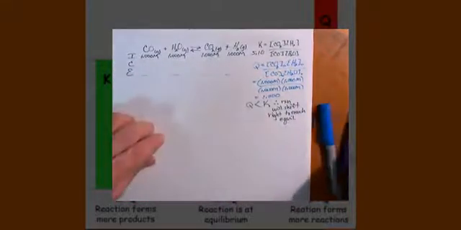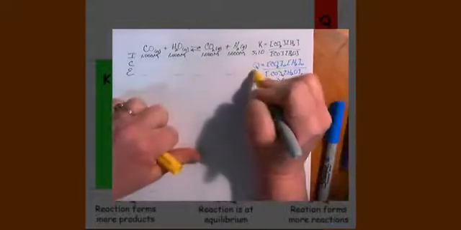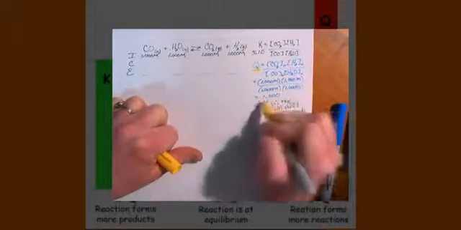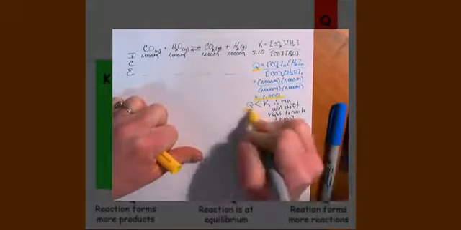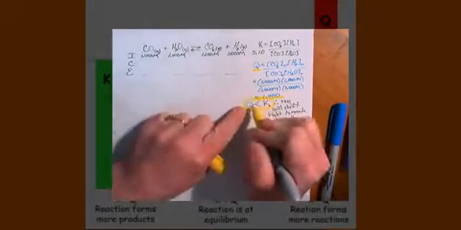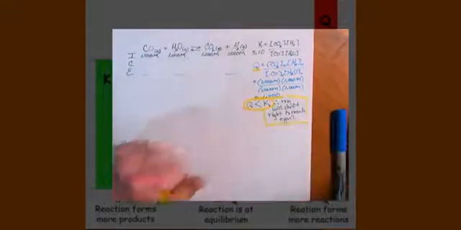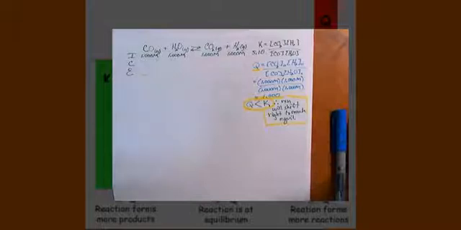So we needed to find Q. It's best to show the equation, show the numbers in the equation, and then the final answer. We need to compare them and then make this conclusion. And then we continue with the problem.